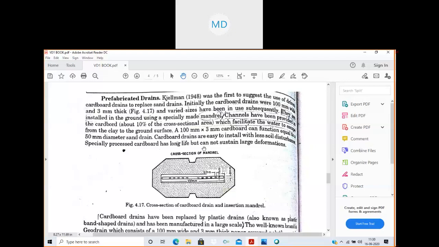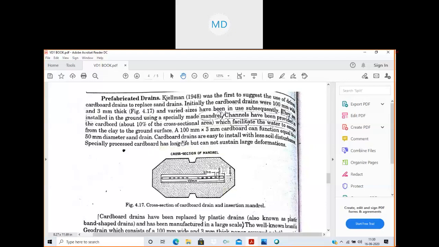Measurements are given here. A 100 mm by 3 mm cardboard drain can function equal to a 50 mm diameter sand drain. This is just a comparison, so this is the replacement of the sand drain.